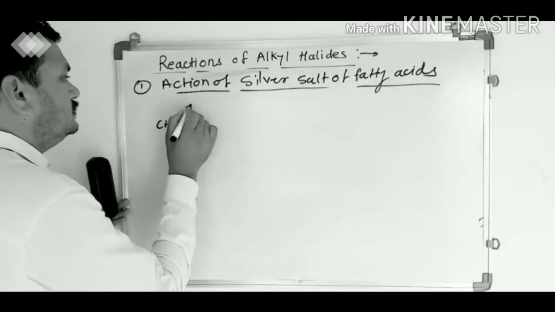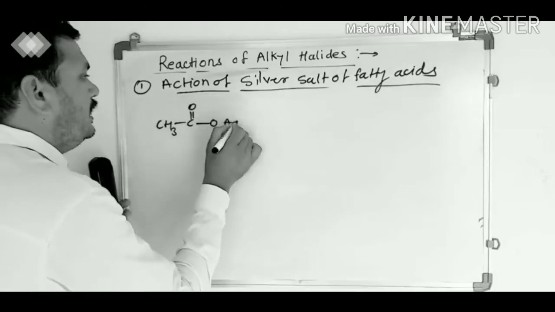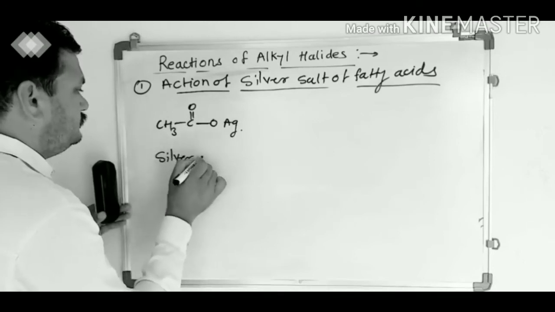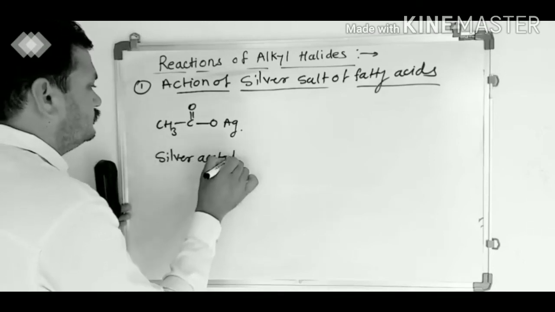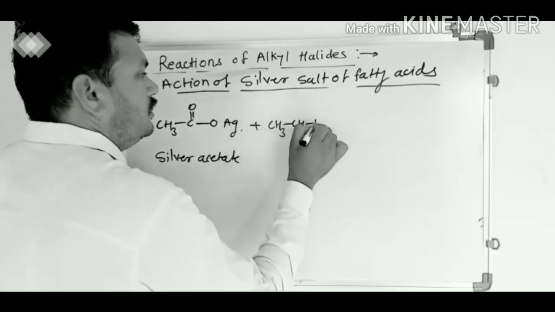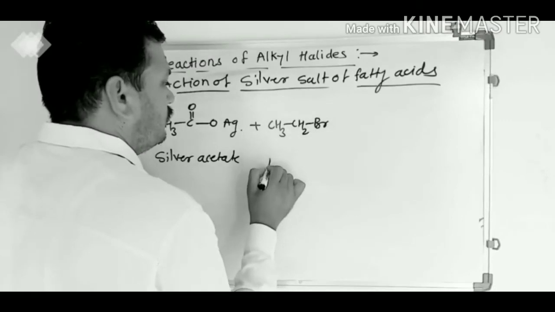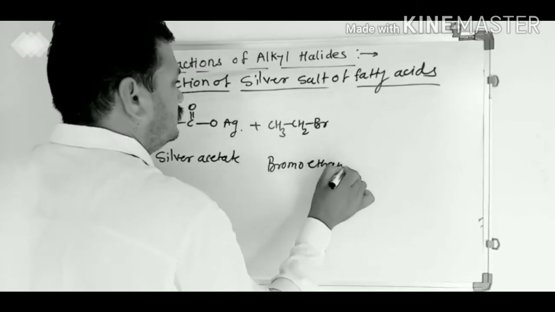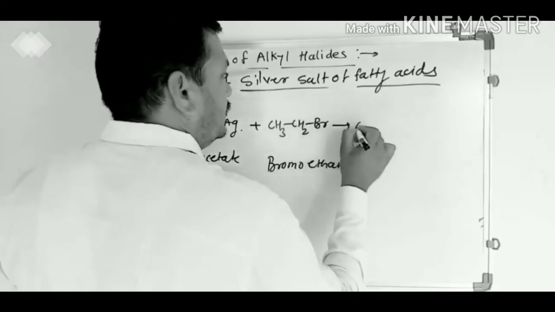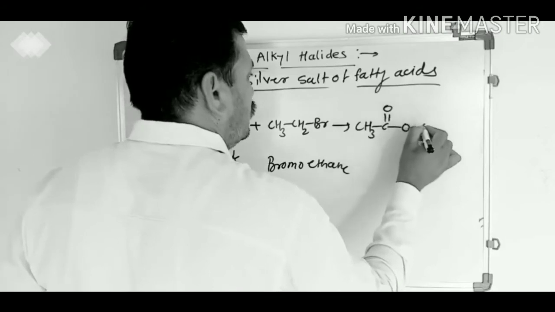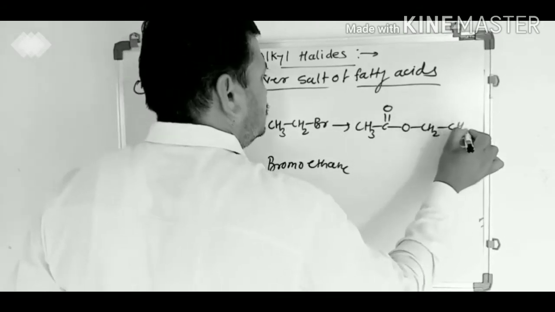CH3C double bond O Ag, silver acetate. When it is treated with ethyl bromide or bromomethane, we get the product. It is CH3C double bond OCH2CH3.